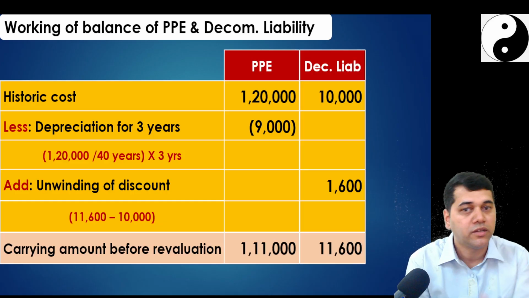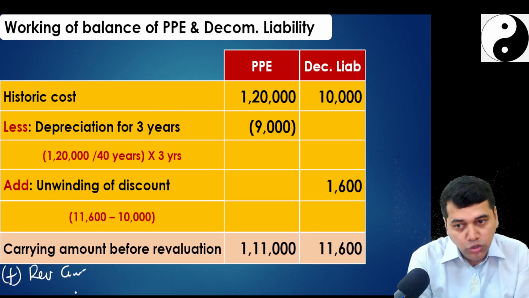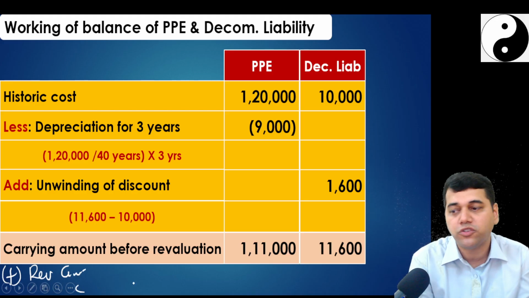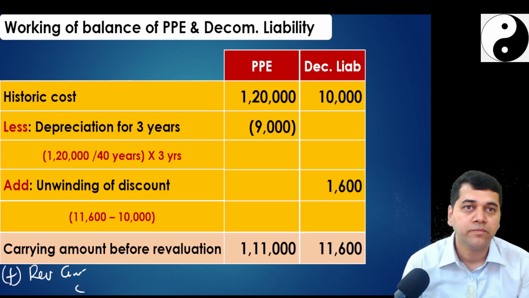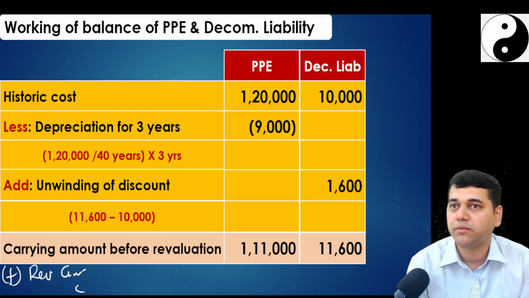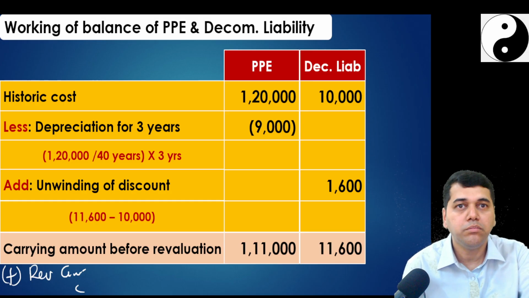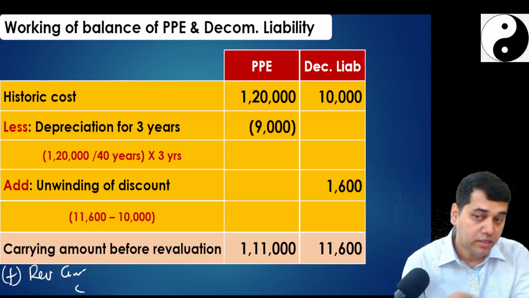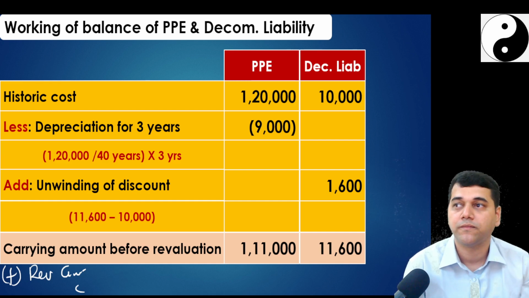But we are not doing it. We are going to say add revaluation gain. Can you do the working in the bracket and tell me how much is my revaluation gain? Previously what I used to do, I used to write the revaluation amount here, less the revaluation amount, and the balance I used to get as the book value, revaluation gain or loss. In this case, that revaluation amount only I am going to add so that I will get the book value.